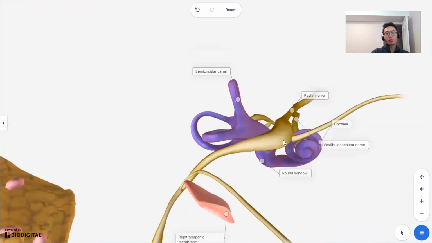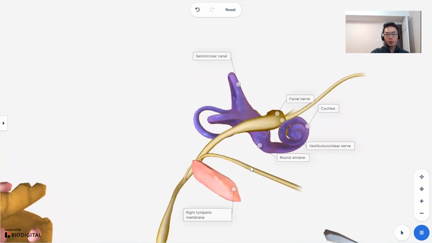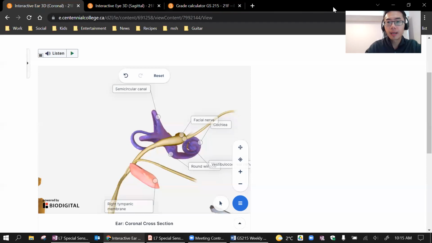All this information is going to travel through the vestibulocochlear nerve to your brain. Okay, so that's pretty much it. There's also a round window and the oval window here, but I'll explain in a bit. Okay, let's go back.